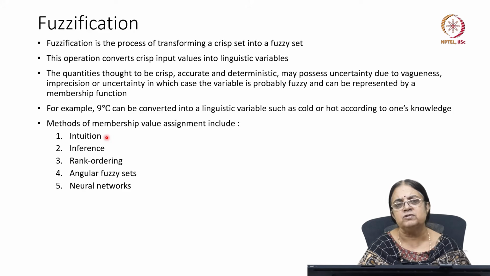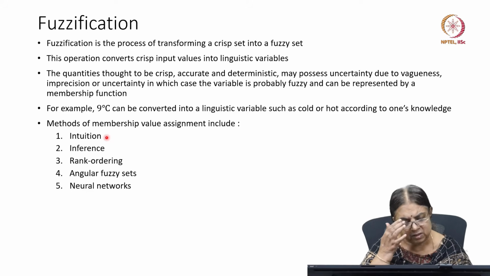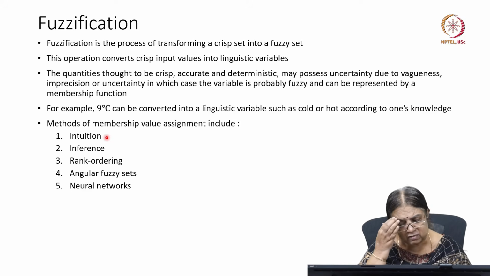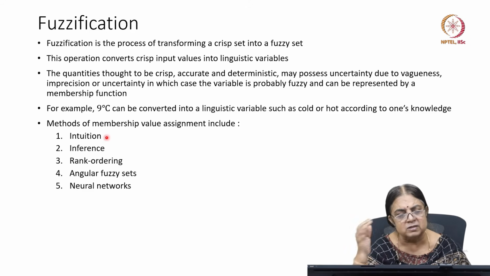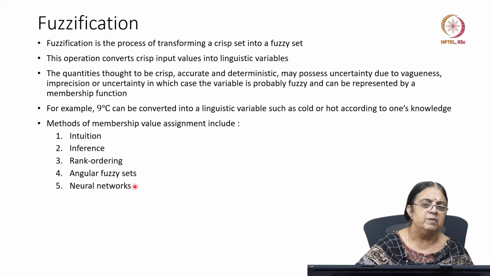You know what is cold, what is hot, or what is tall and what is short, etc. So, you could use that to form your membership function. Another way is to do some type of inference and then use it. You could also use things like neural networks to actually get the membership values that you are looking for.